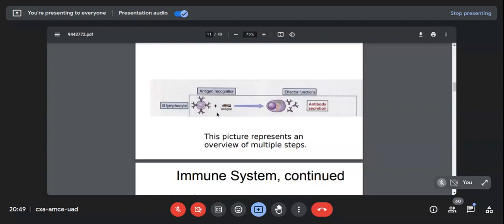And when this B cell is activated, we're going to bring about what we call the effector function of B cells. And how does the effector function of B cells happen? The antibodies on the structure of this B cell are going to be secreted. And this B cell will no longer be called a B cell, but it will be called a plasma cell.